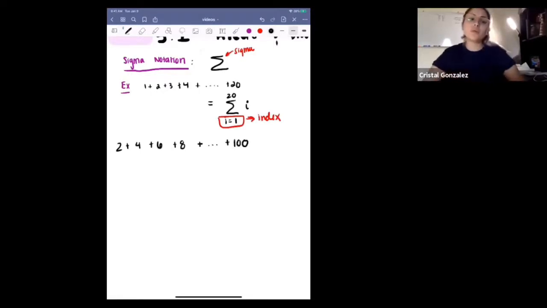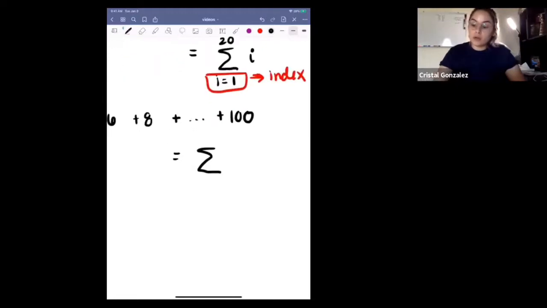We want to figure out a way to write this in sigma notation. So I'm eventually going to have to write that big sigma, and then I need to figure out where I'm going to start, what's going to go here, and what's going to be my ending value.